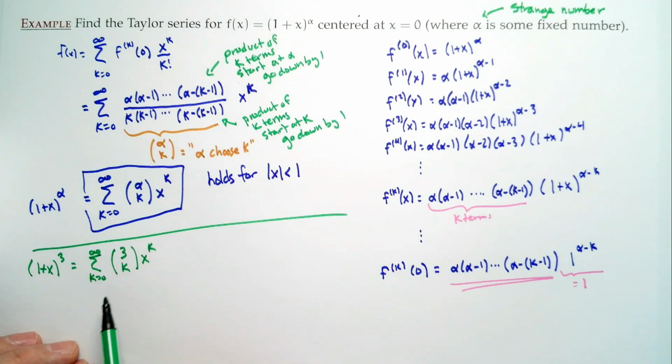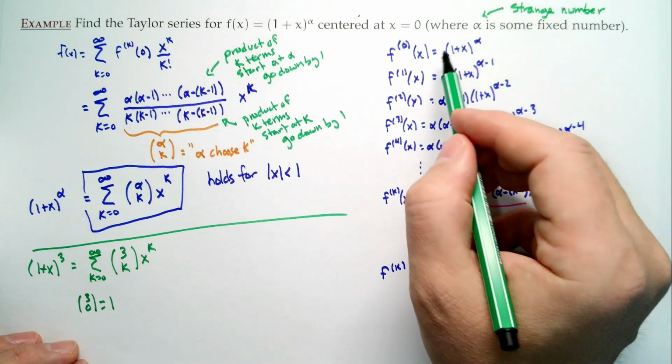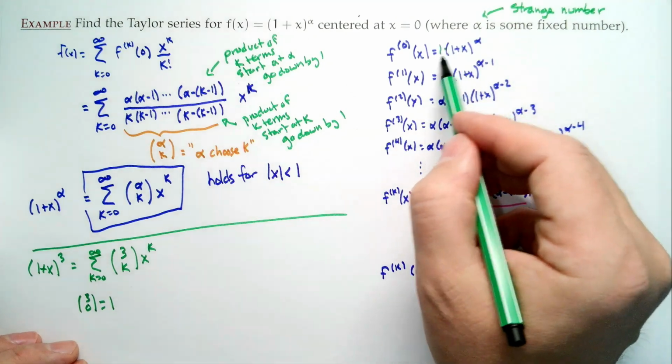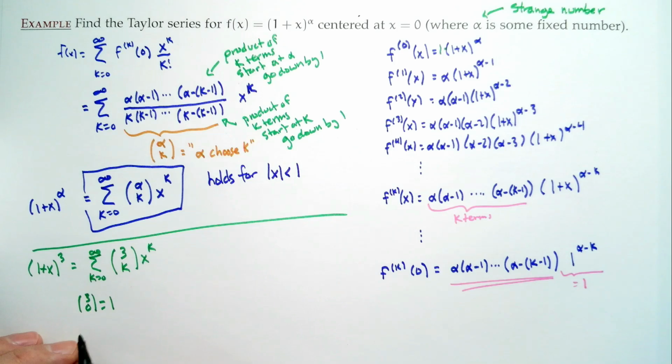Now what happens to 3 choose k? Well, 3 choose 0, by convention, is going to be 1. That's the empty product, corresponding to this 1 up here. How about 3 choose 1? On the top, you start with 3, and on the bottom, you start with 1, and there's one term each.